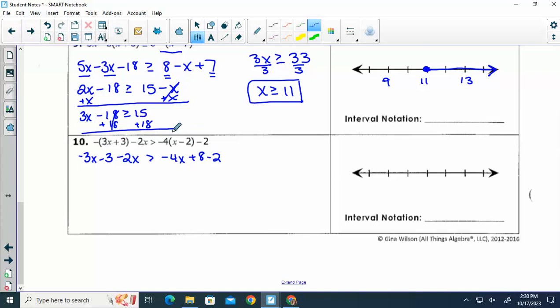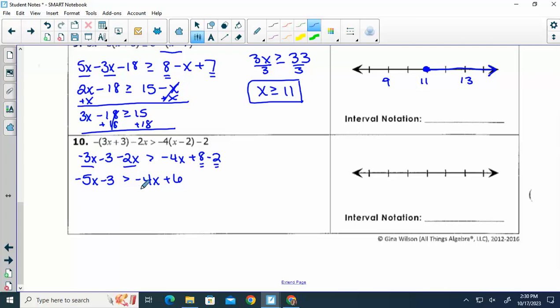And we distributed the negative 4 on the second. Make sure you're watching your signs on those. Minus 5x. Okay, combining like terms, a negative 3x and a negative 2x is a negative 5x. Over here, my like terms would be the 8 minus 2, which is 6.